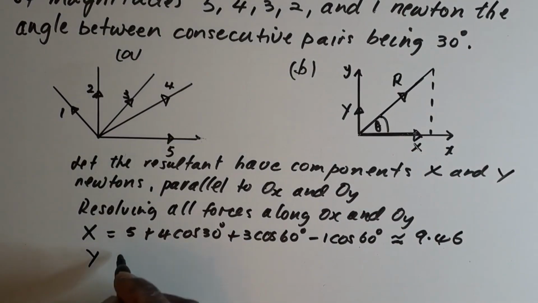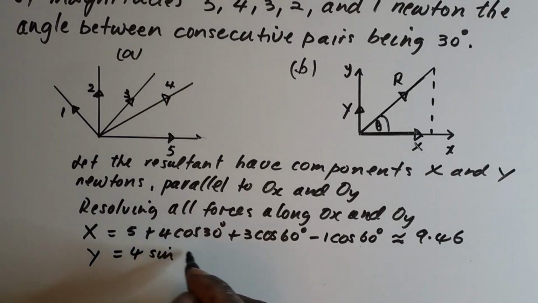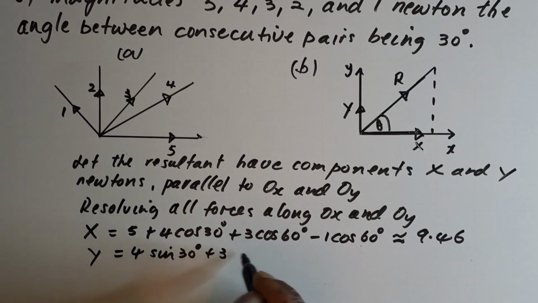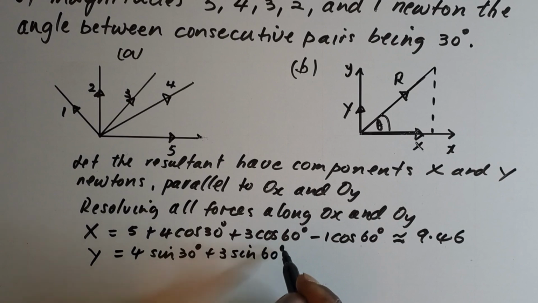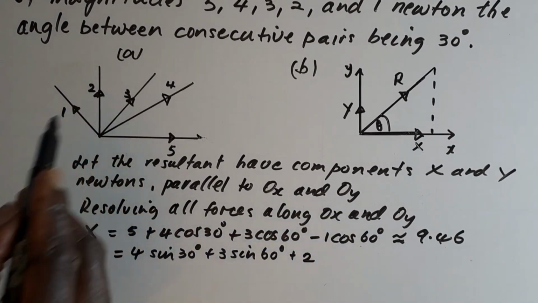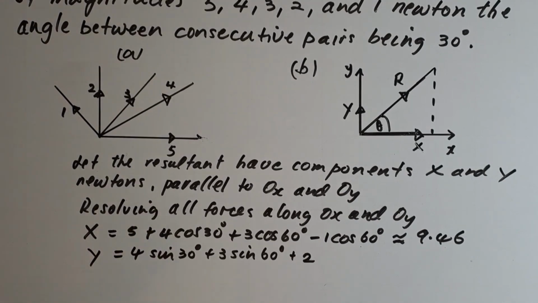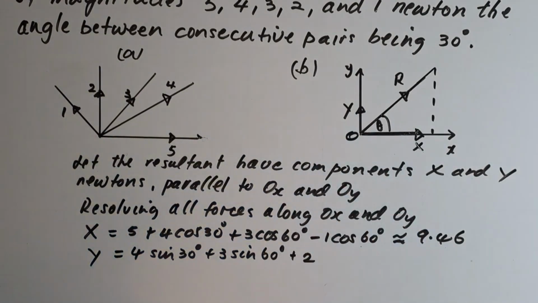And along Y, we have 4 sine 30 degrees and 3 sine 60 degrees, add 2, because 2 is along the OY axis.